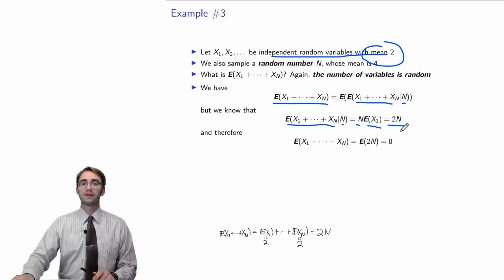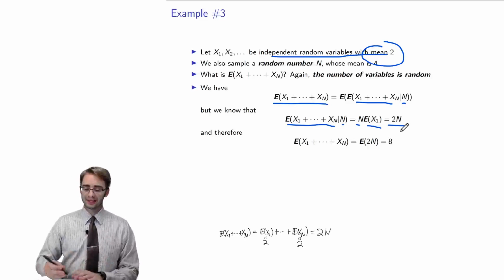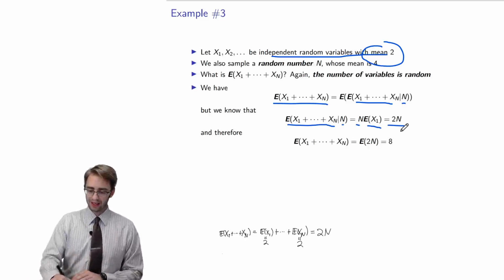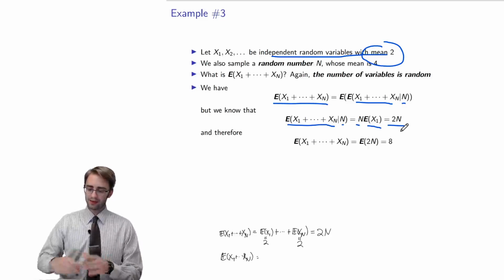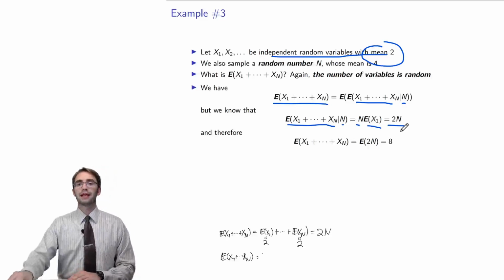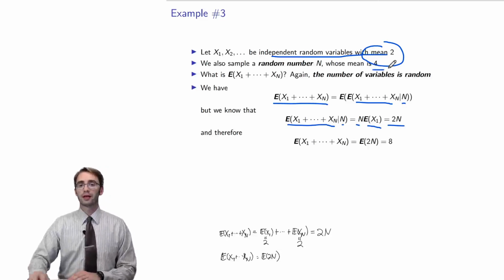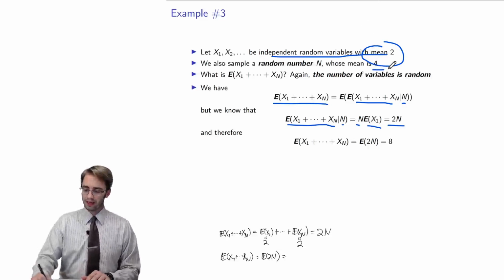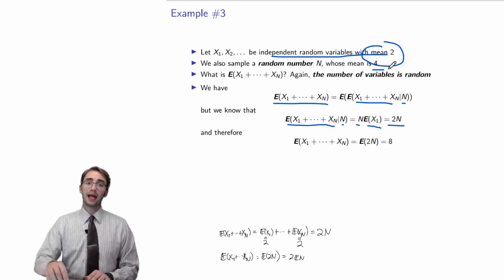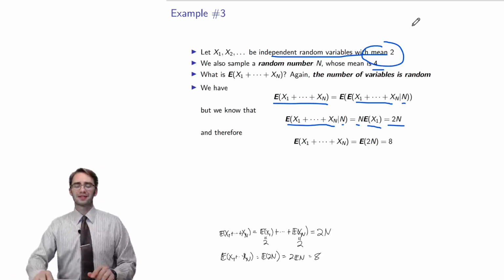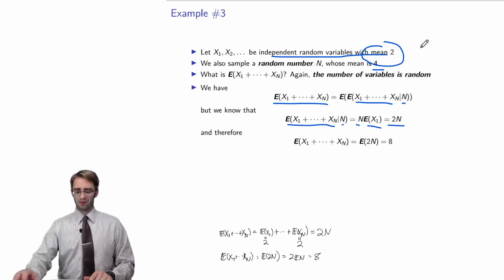And so therefore the expected value of the sum of everything, the expected value of x1 plus through xn, is equal to the expected value of 2n. And we know that n has a mean of 4, and therefore this is just 2 times the expected value of n, which is 8. Not a very nice example, but the really cool one is the one we're going to do next.